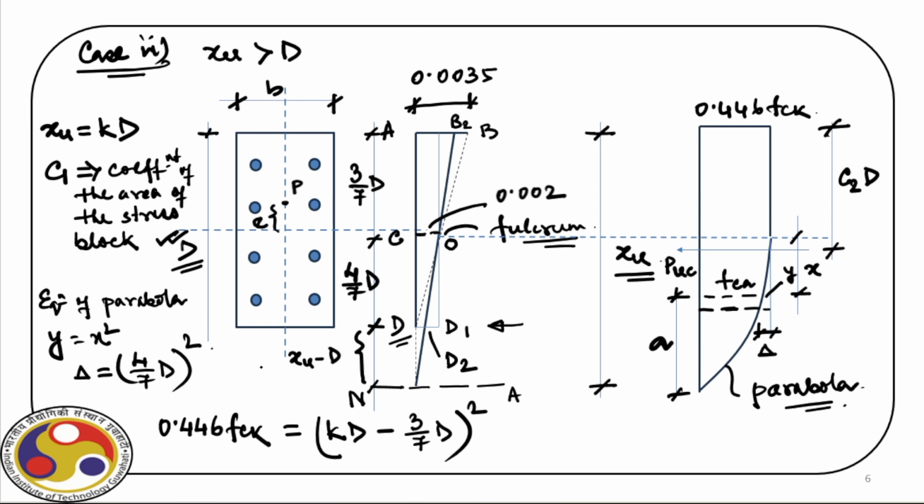Now, say this is my equation 1 and this is equation 2. So if we divide equation 1 with equation 2, what we get?